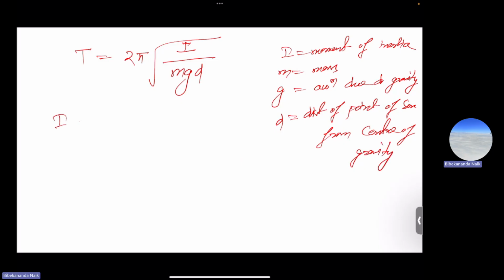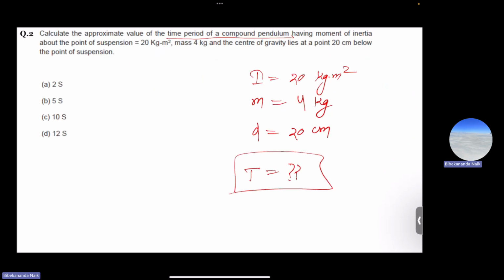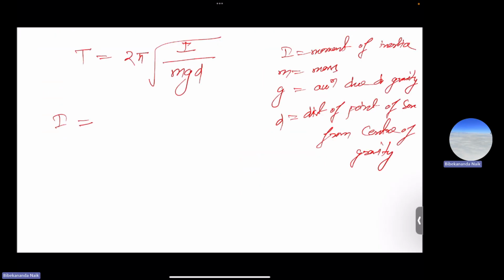So we know I is 20 kg into meter square. M is given as 4 kg, and the distance between center of gravity and the suspension point, d, is given as 20 centimeters. In order to convert into meter units, it is 0.2 meter.